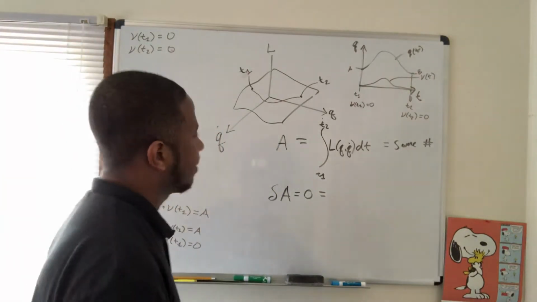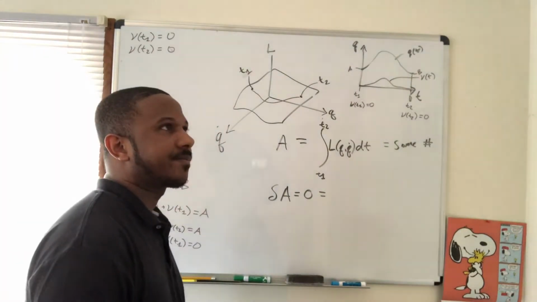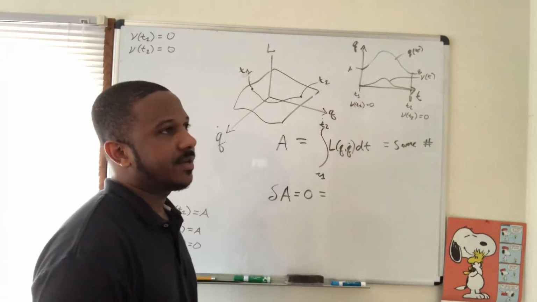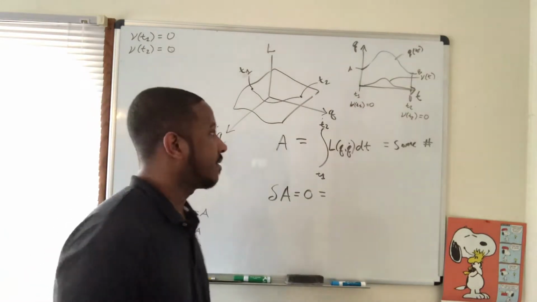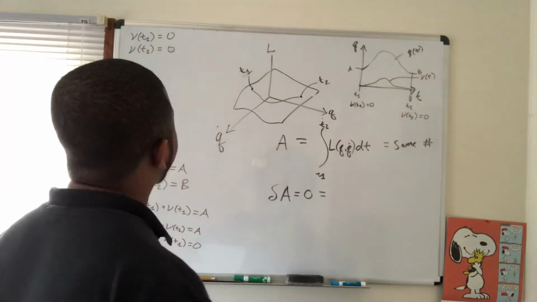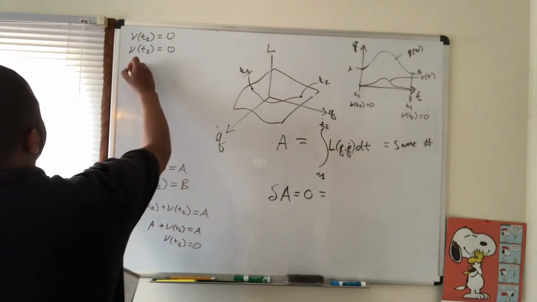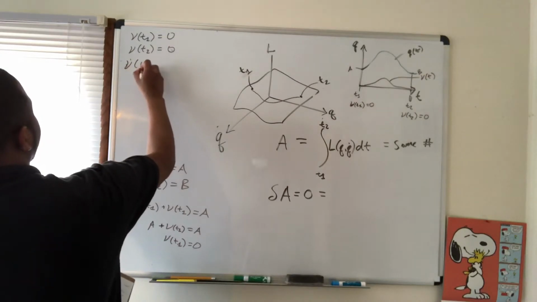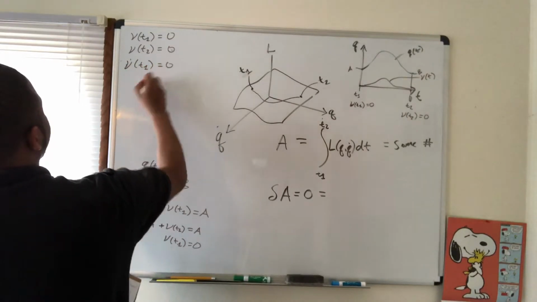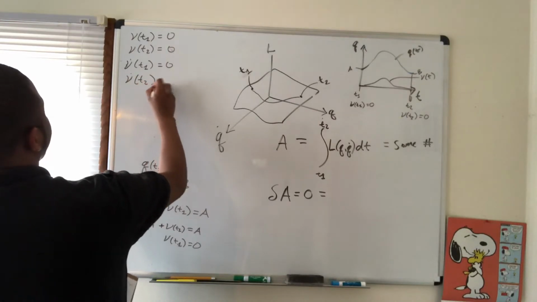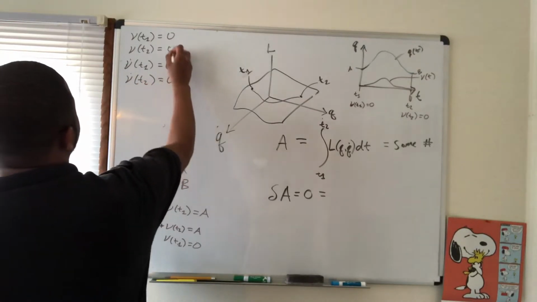Anytime you're dealing with particles, q dot will be the velocity. So let's see, v dot at time t1 equals 0, and v dot at t2 equals 0.